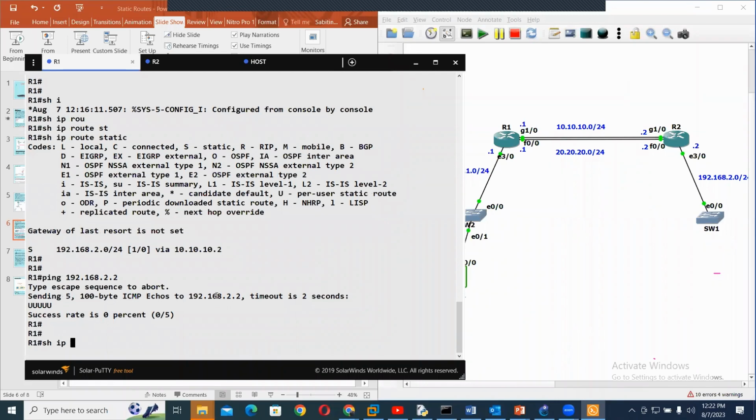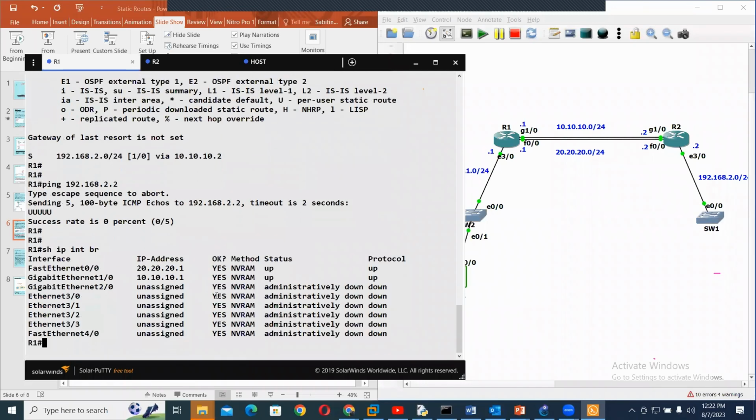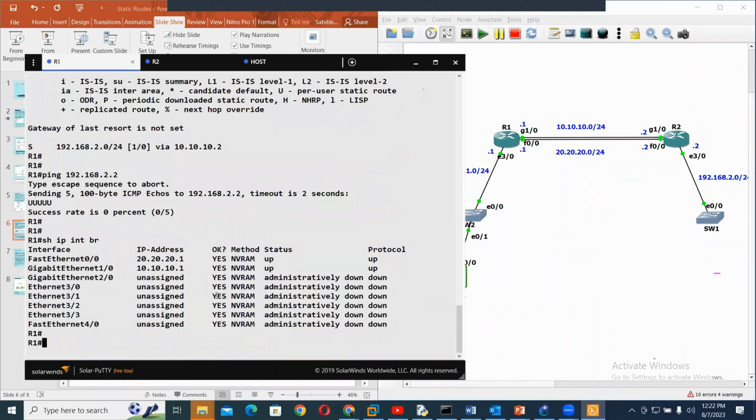Show IP int brief. I've also not configured the interface on the other router. Sorry.